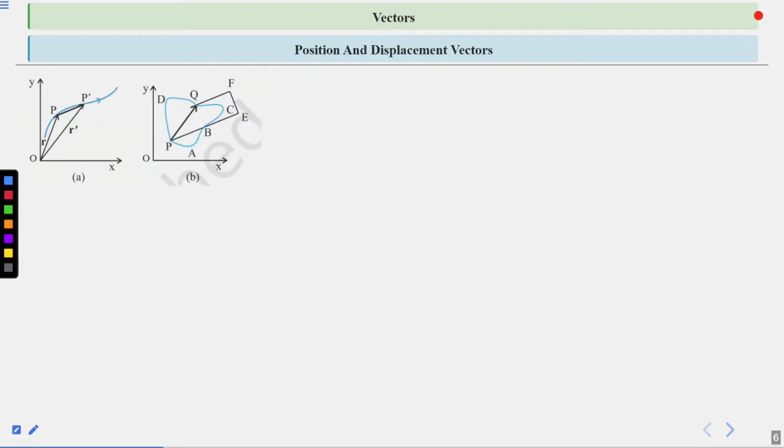So now we will learn about position and displacement vectors. After that, we will talk about some more examples of vectors, like weight.